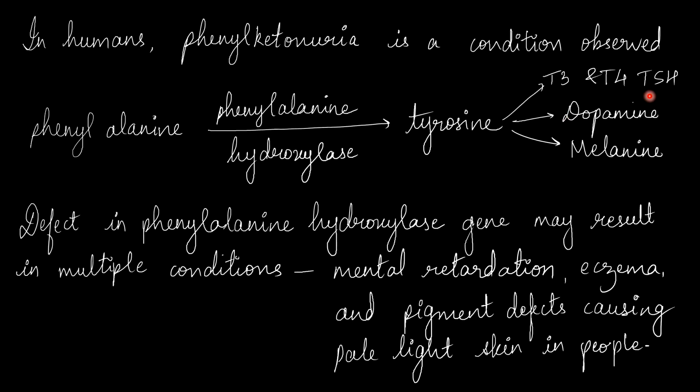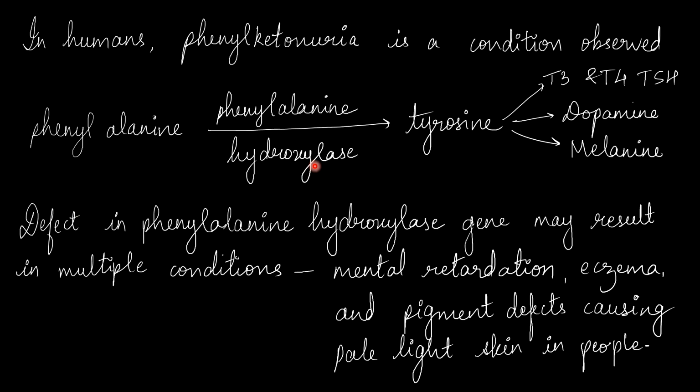Then the dopamine secretion, the feeling of happiness, fullness, peace, all of that, and melanin. Melanin is again related to pigmentation. So it is extremely important for phenylalanine to be converted to tyrosine in the presence of phenylalanine hydroxylase.